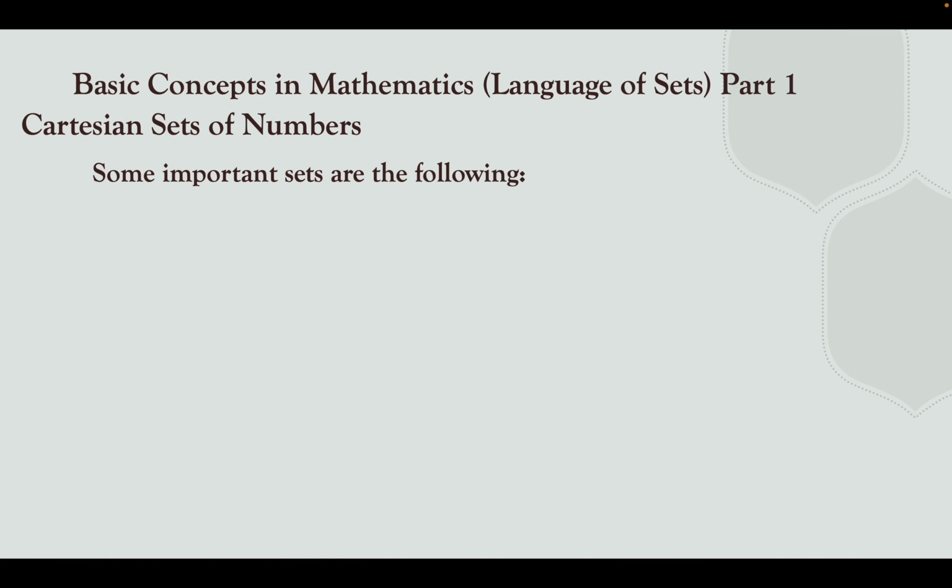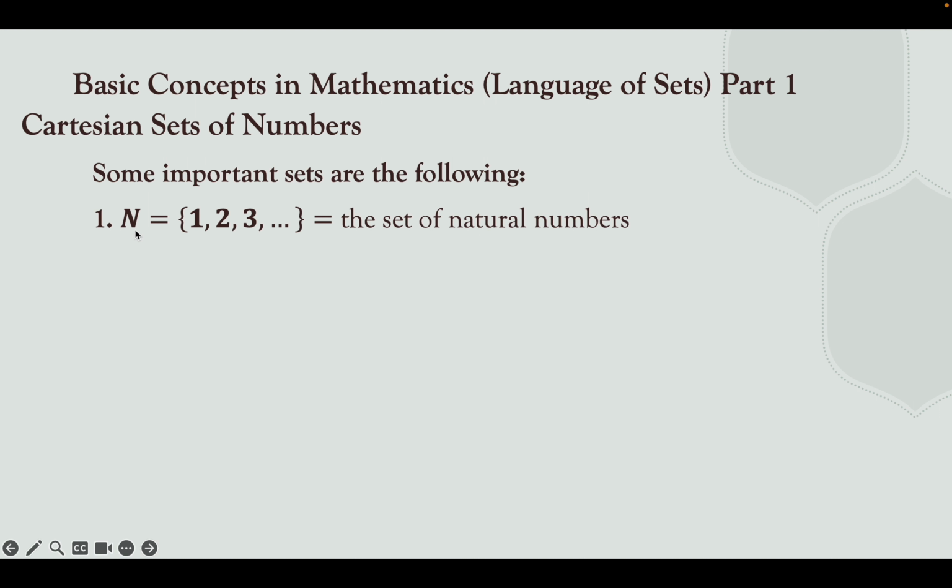Now we have to remember also the standard sets of numbers. Some important sets are the following. The set of natural numbers is written as capital N, and the elements are 1, 2, 3, and so forth. The set of whole numbers is W, equal to 0, 1, 2, 3, and so on.